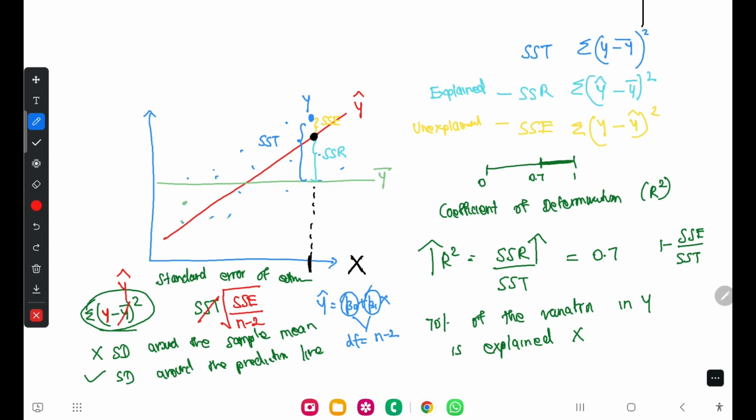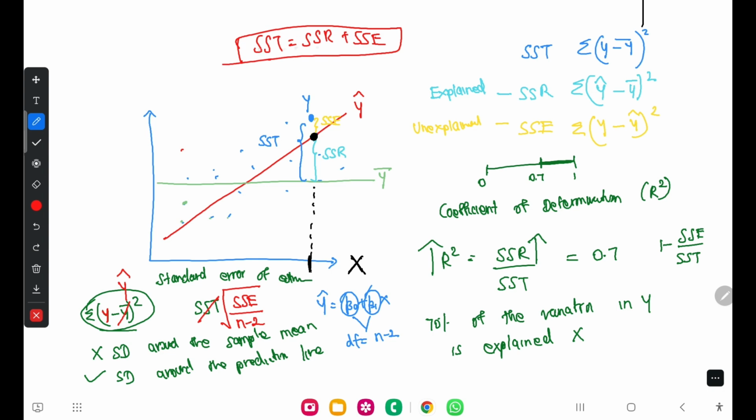So this is how we use SST, SSR and SSE in concepts called the coefficient of determination and the standard error of estimate in order to derive good decisions. Another thing, remember SST comprises SSR and SSE. So we can write this as SST equals SSR plus SSE. I hope you all would have got that anyway.